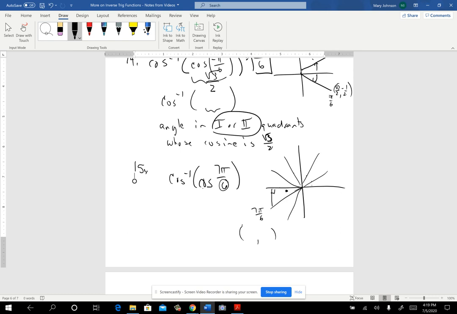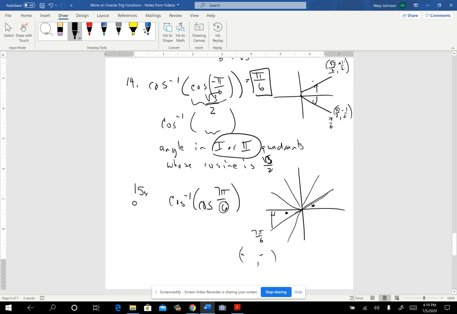This would have the same values as pi over 6, except you might have to put negatives on things. This would be the negative of what you would have had over here at pi over 6. So if you already know pi over 6 is square root of 3 over 2 and 1/2, then you know this is negative square root of 3 over 2 and a negative 1/2. Okay? All right, so I know the cosine of 7 pi over 6.